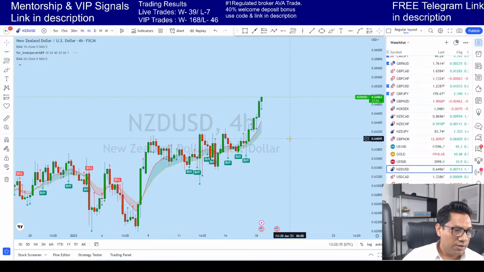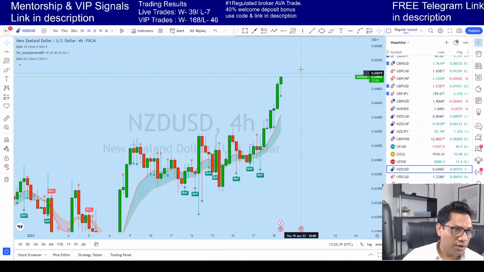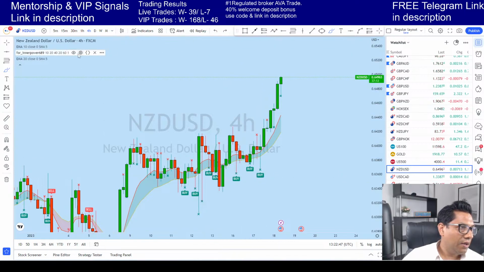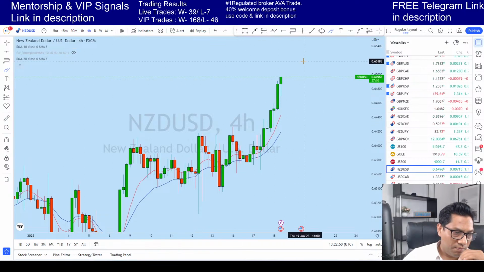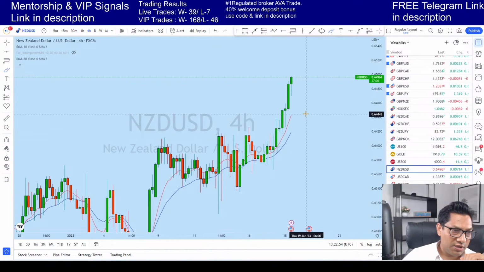You can see where the buy signals are, most of the time they are dojis. This one is a very powerful bullish price action. You can see from here a big impulse happened, and that's a big doji. You can see all those dojis are respected, which is very powerful stuff.